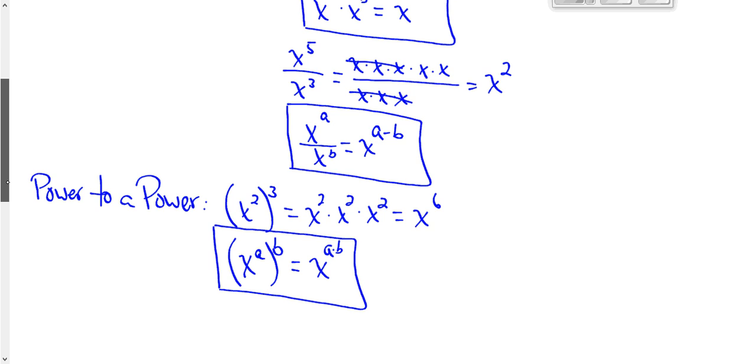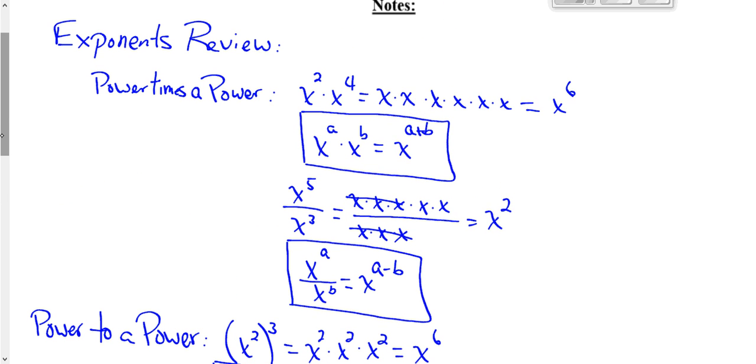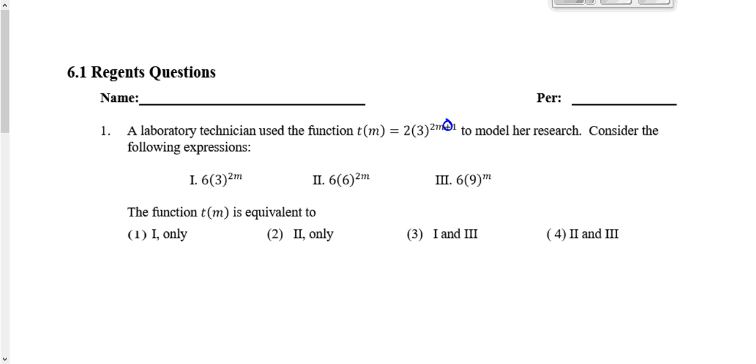But in that problem, we have the two exponents being added, and also the 2m is multiplying. So it's like a combination of multiplying exponent expressions and power to a power. So kind of both of them in there.